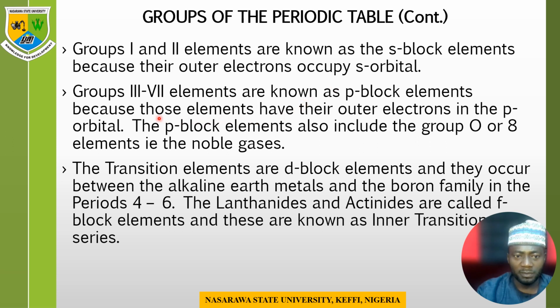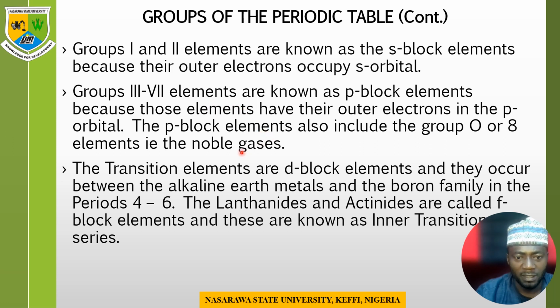Then also group 3 to 7 and group O are categorized under the p block elements because their outer electrons occupy the p orbital. So, if you write the electronic configuration of these elements, you discover that the outermost orbital will be p for group 3 to group what?